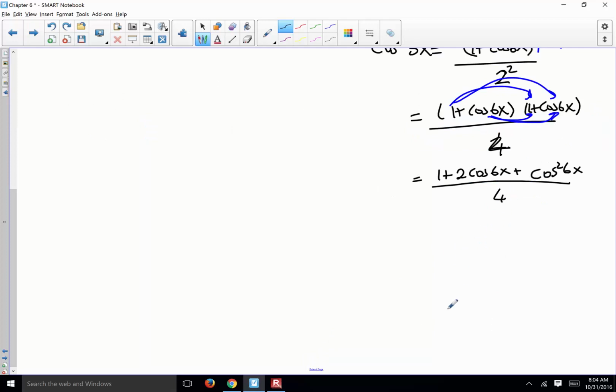Okay? How did I get 2 cosine 6x? 1 times cos 6x, cos 6x times 1. They are the same, so you have twice the same thing. So 2 cosine 6x. 1 times cos 6x, 1 times cos 6x.